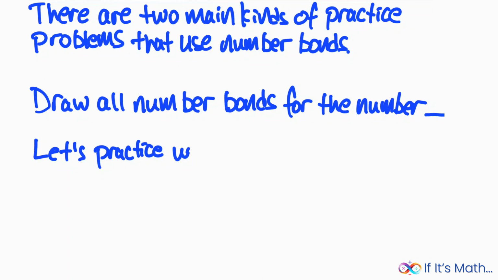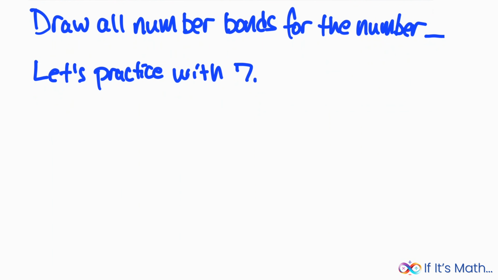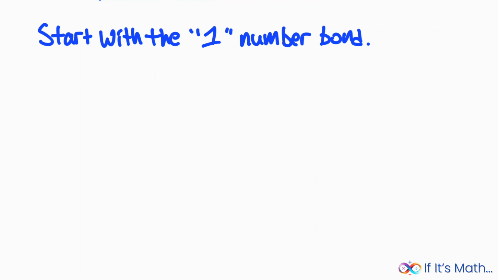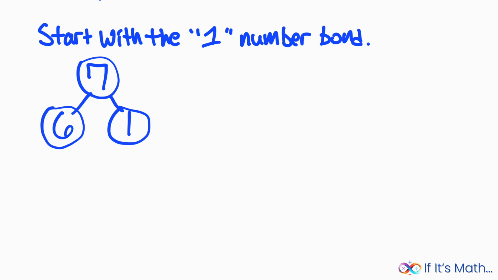So the easiest way to think about this is to start with the 1 number bond. So in the case of 7, you would have that 7 is 6 plus 1. So that gives you that first number bond right off.